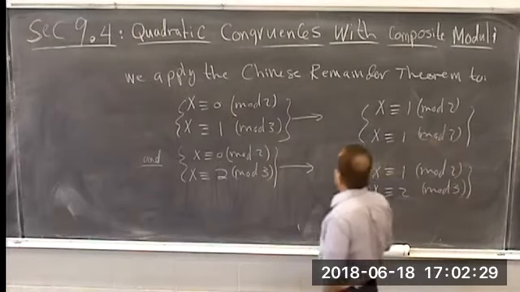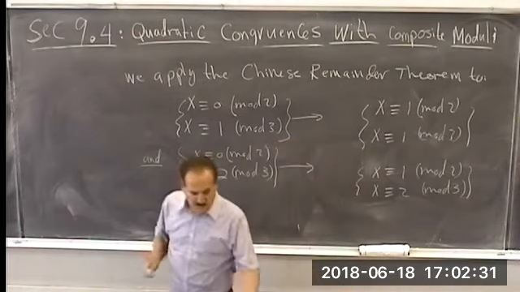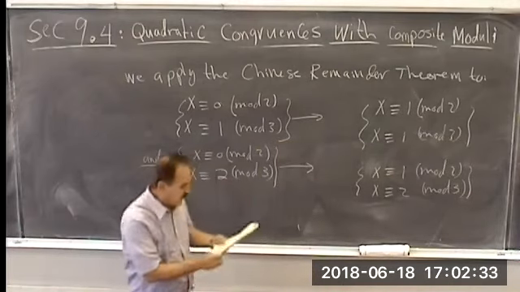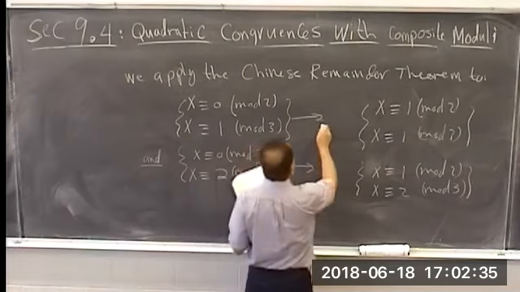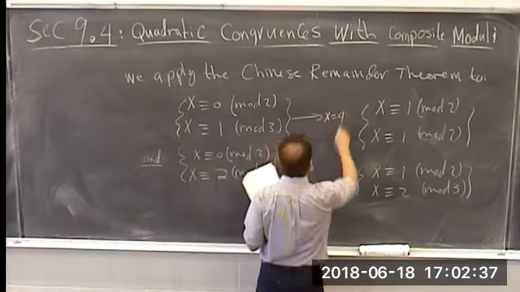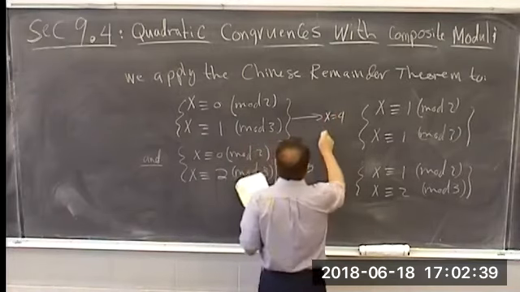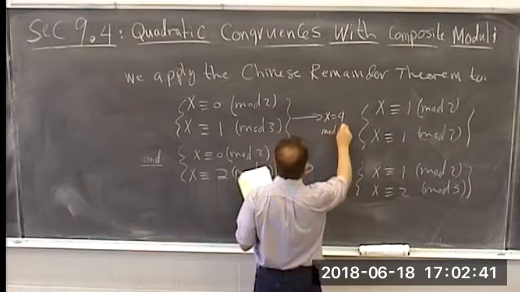Yeah, all together, this one gives us a solution x equal, I think, 4, I hope I put these in the right order. This is mod 6.